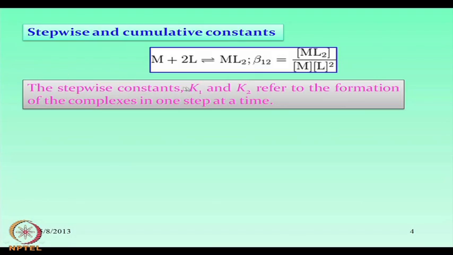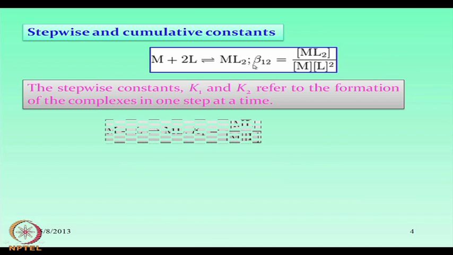So, in these two steps we have K1 and K2, and we call them the formation of the complexes one step at a time. That means, if both K1 and K2 operate together, we get only beta 1 2 in a single step.